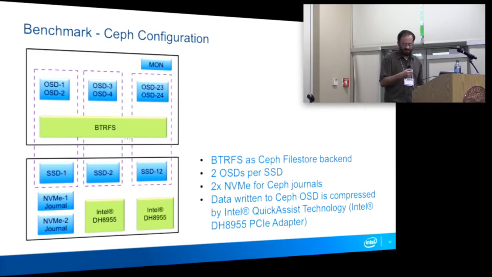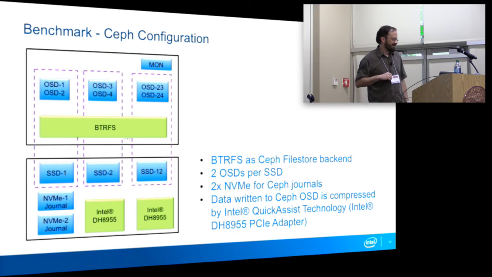Another thing they found was that it was actually difficult, even under this circumstance, to stress the SSDs. So normally I understand you use one OSD to talk to each disk, but in this case they put 2 OSDs talking to a single SSD, so they can get the throughput. And then the 2 NVMes were doing the Ceph journals.